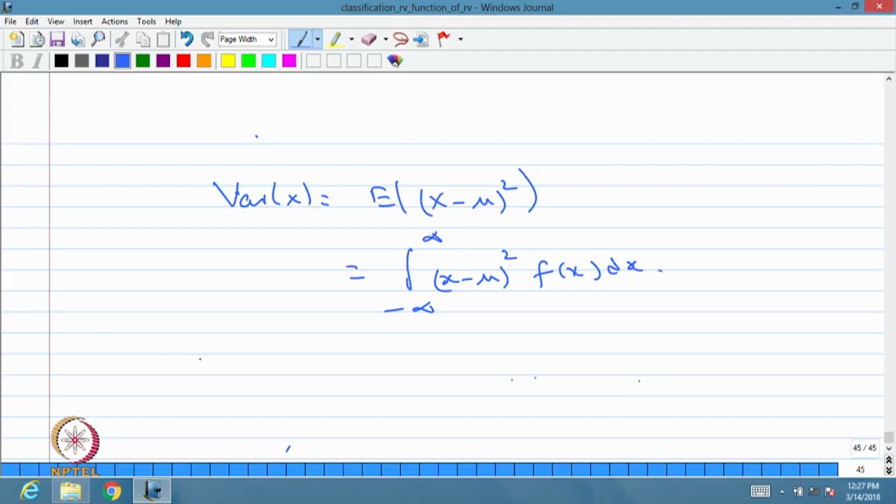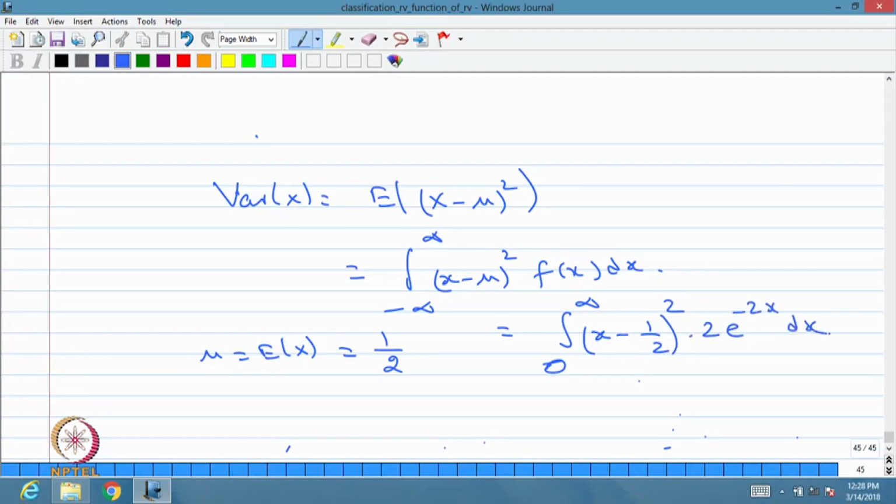In this problem, mu is the same as expectation of x, which we already got, that is 1 by 2. Therefore, from minus infinity to 0, f of x is 0, so you can directly go for 0 to infinity, x minus 1 by 2 the whole square, f of x is 2 times e power minus 2x dx.